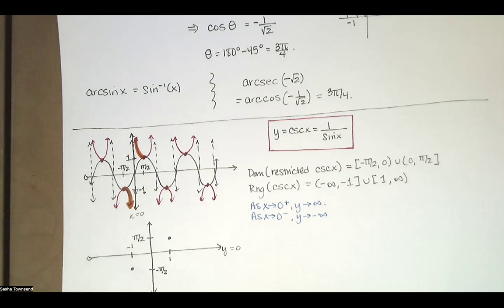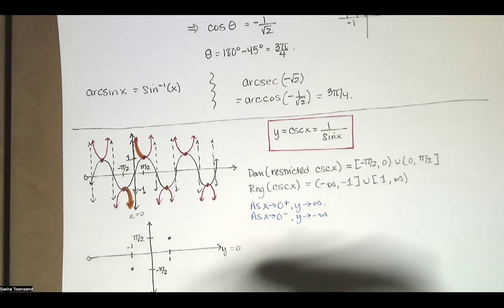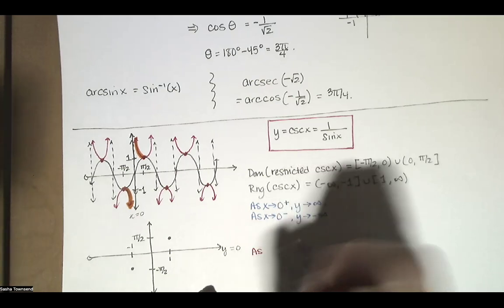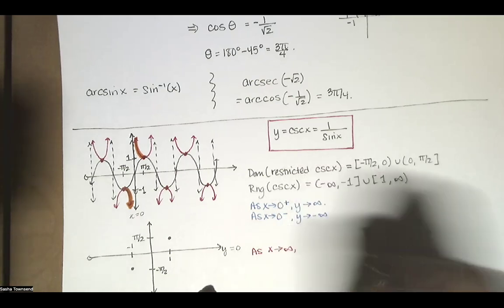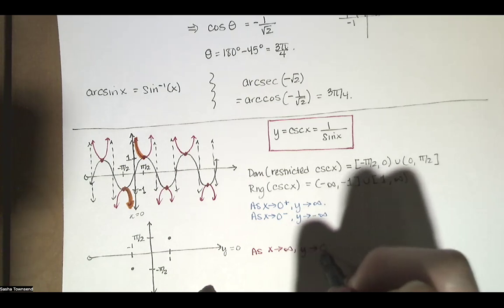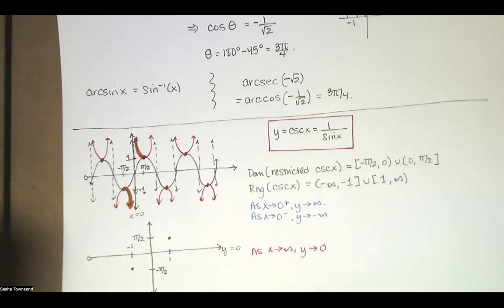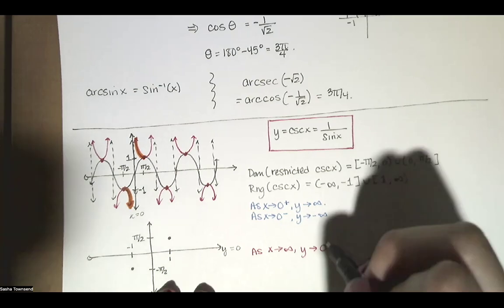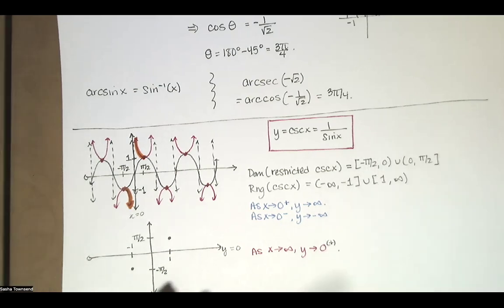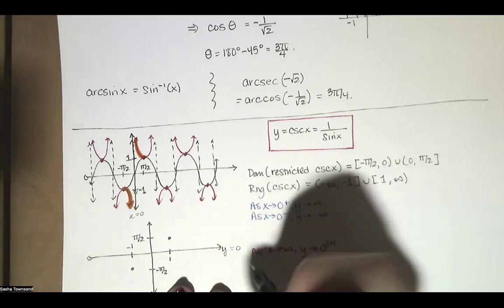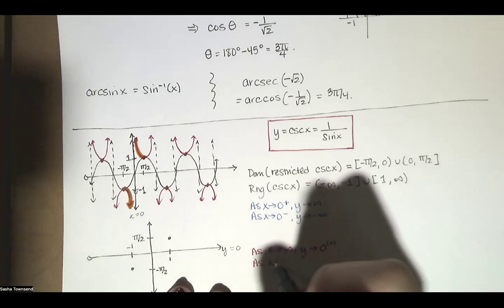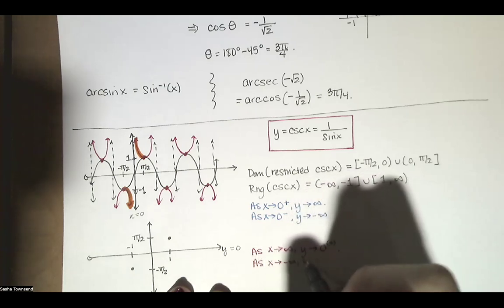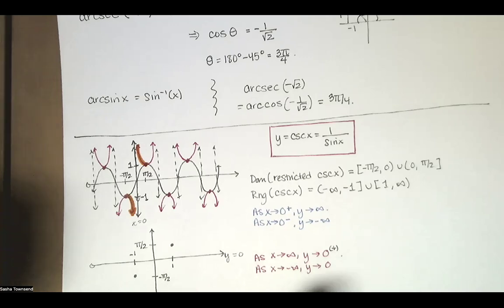So here, when we switch the roles of x and y, as x goes to positive infinity, y should approach 0. And I'm going to put that in parentheses from above. And as x goes to negative infinity, y should approach 0.